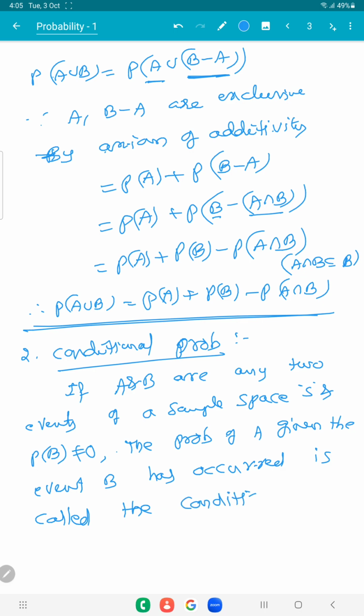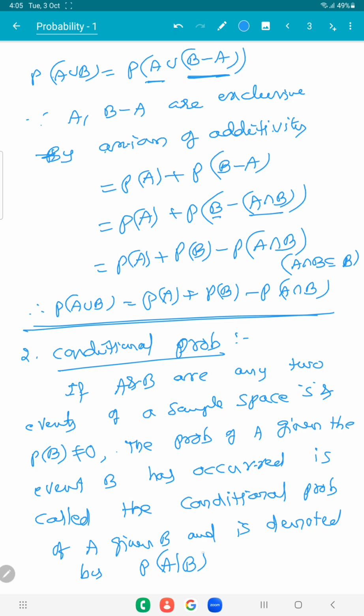That means after B has occurred, we find the probability of A; it is called the conditional probability of A given B, denoted by P of A given B, and is defined as P of A given B equal to probability of A intersection B by probability of B. Now this is the definition of conditional probability.